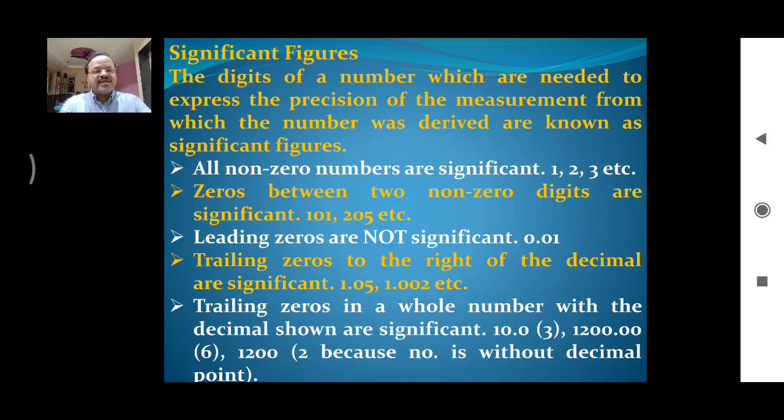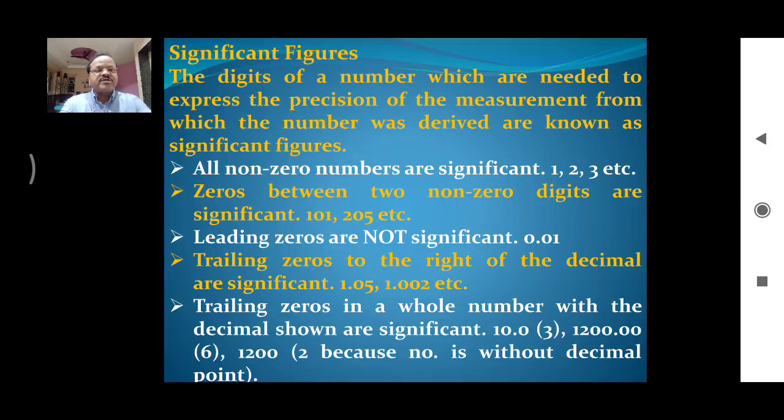In the analysis of any sample or any compound or any method, we get different results, different readings, and these results or readings are expressed in the form of digits.